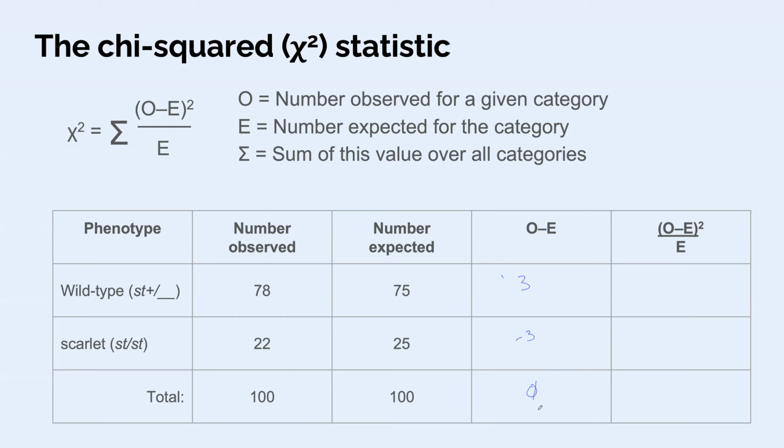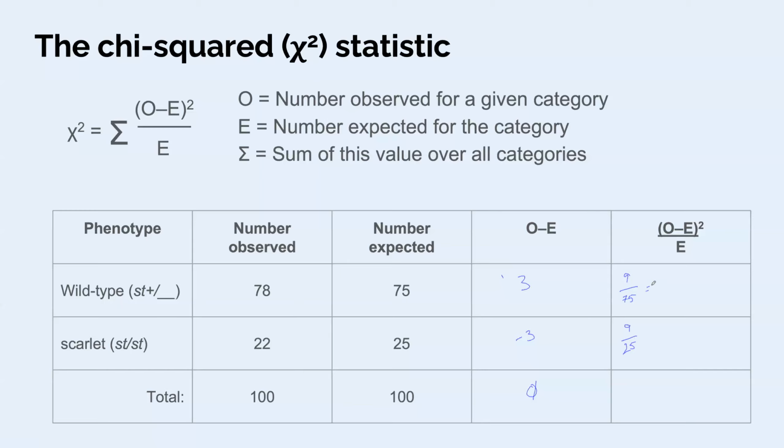Everything evens out, so we don't really have to worry about taking the total there. This next column, things get a little complicated. So we're looking at 9, or 3 squared, over the expected number 75. Down here, we've got -3 squared, so that conveniently makes everything a positive, even though we were -3 in this column. And now in this category, the total expected was 25.